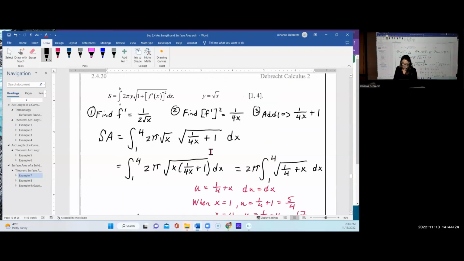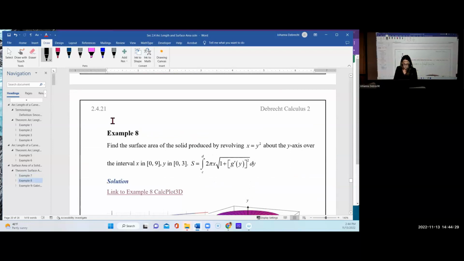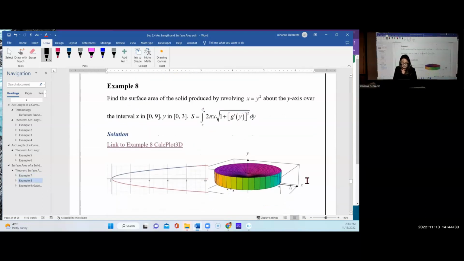Let's take a look now at example 8, which is the next example. When we're looking at example 8, we're looking to find the surface area of a solid produced by revolving x equal y squared about the y-axis instead of the x over the interval x from 0 to 9 and y from 0 to 3.